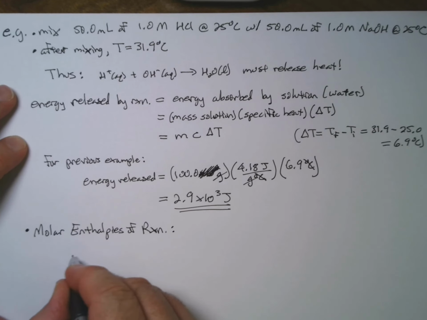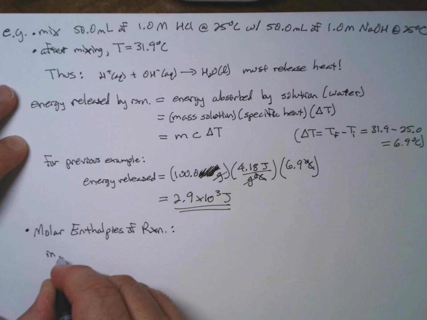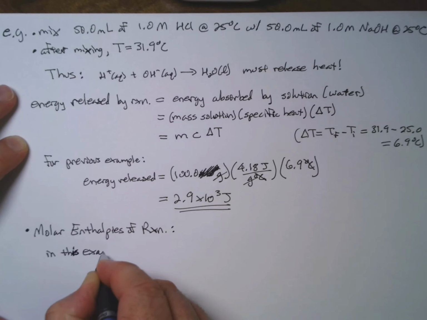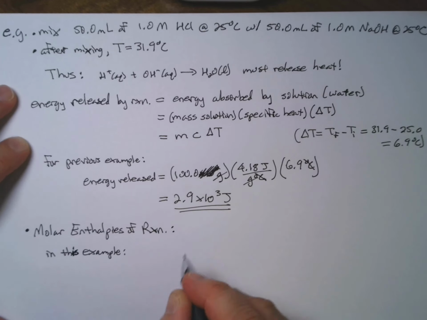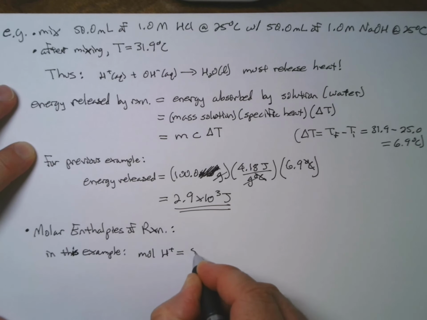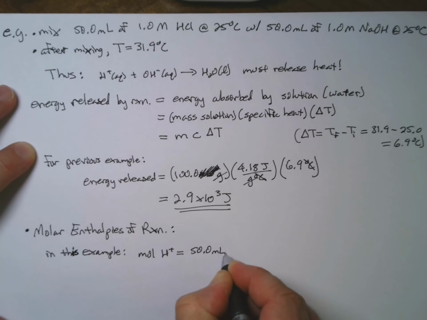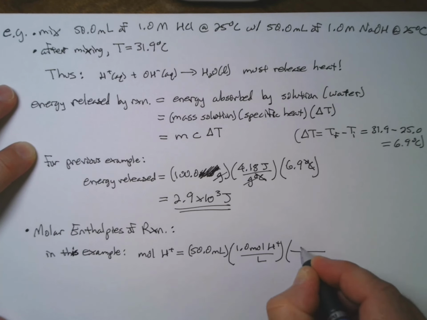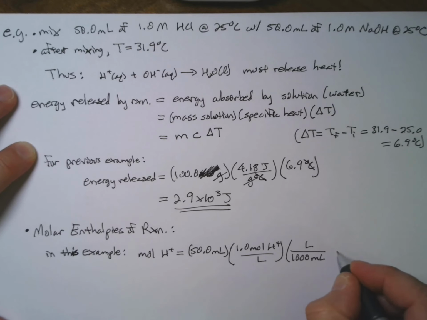So in our example, we have our moles of H+ equals 50.0 milliliters times 1.0 moles H+ per liter times 1 liter per 1,000 milliliters.